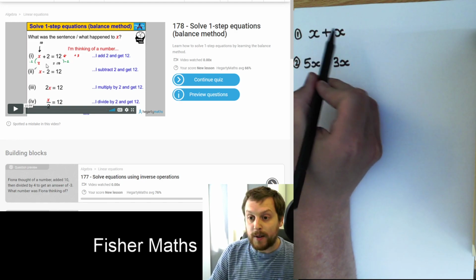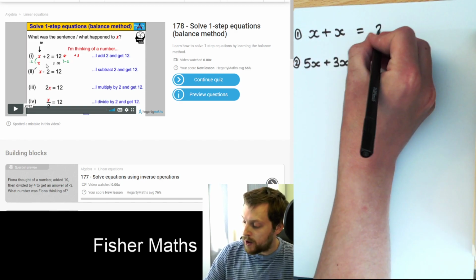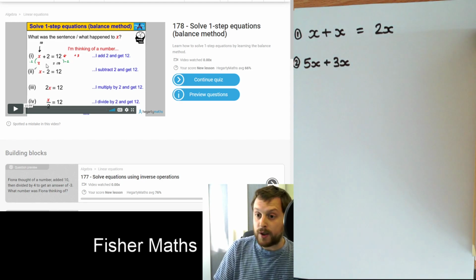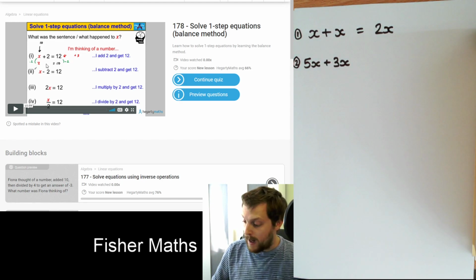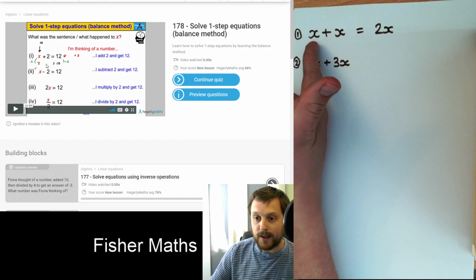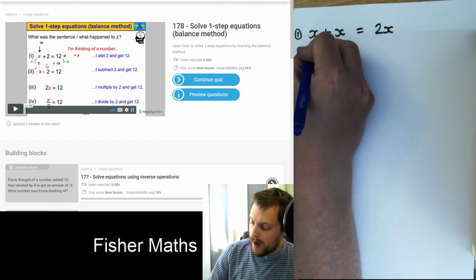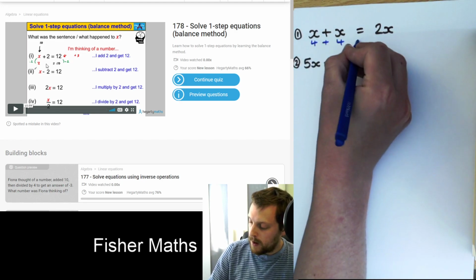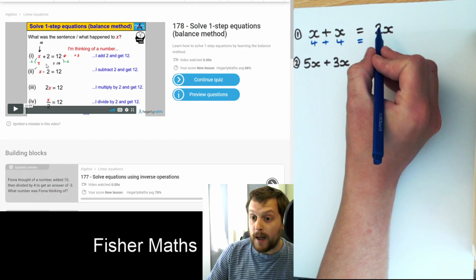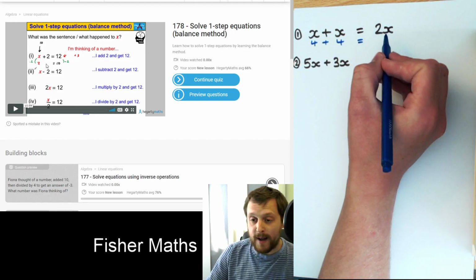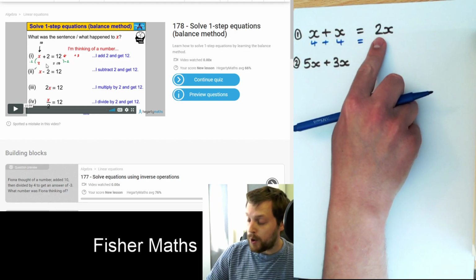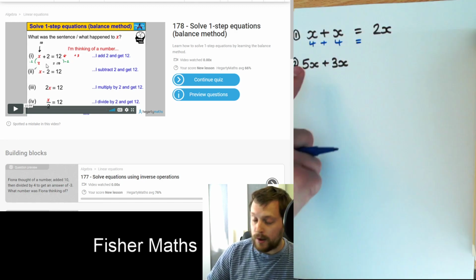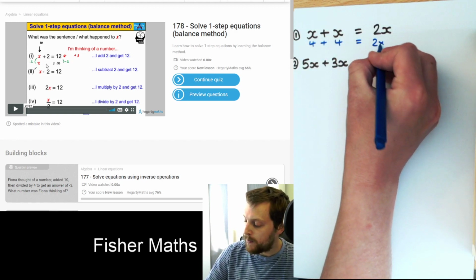So x plus x is of course written as 2x. If you were to substitute in some numbers, let's have a look. So maybe if I do x is 4, I would have 4 add 4. Now remember, this isn't going to be 24, it won't be written 2, 4, it's really 2 times whatever x is. So if x is 4, it's 2 times 4.